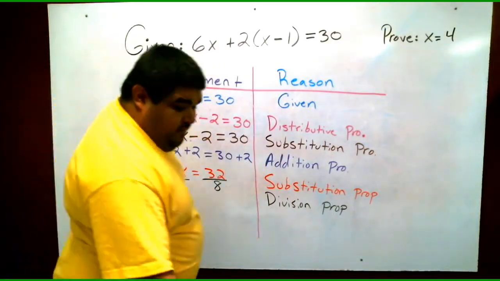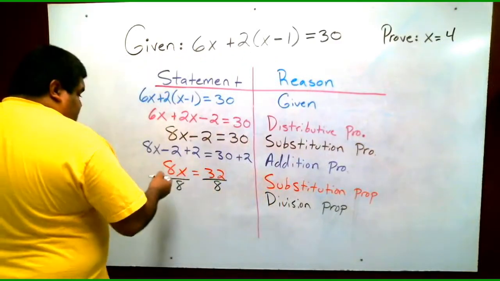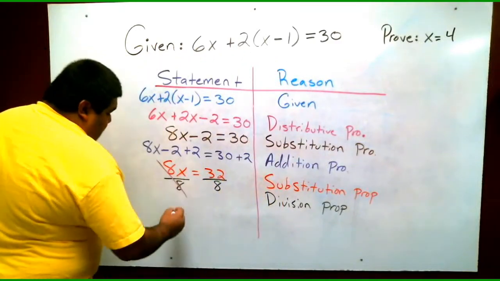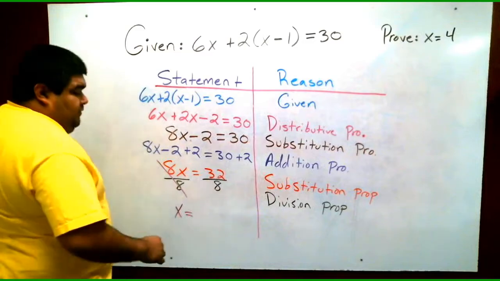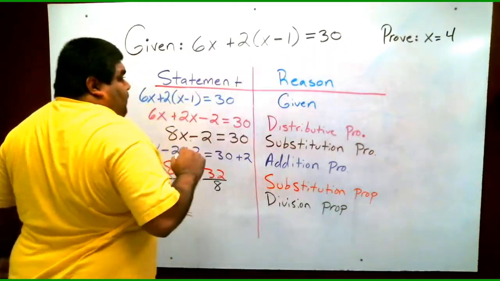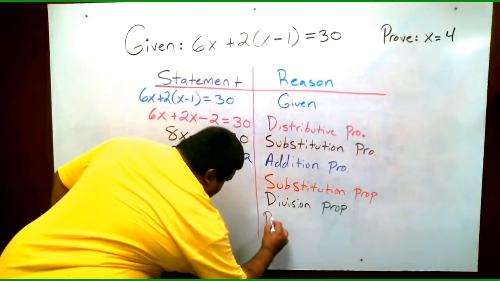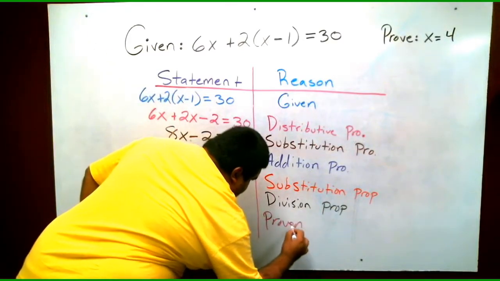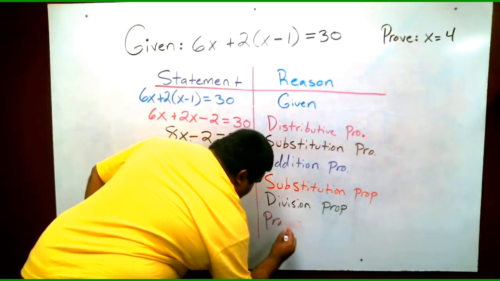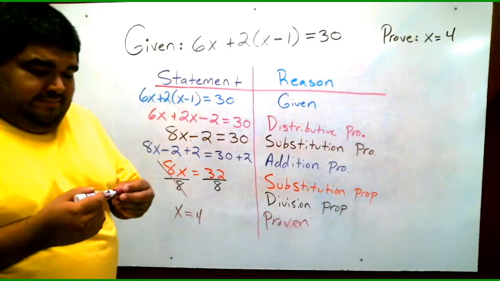Which leaves us with 8 cancels out. We're left with x equals, 8 can go into 32 4 times, right? So we proved it. So our answer was proven.